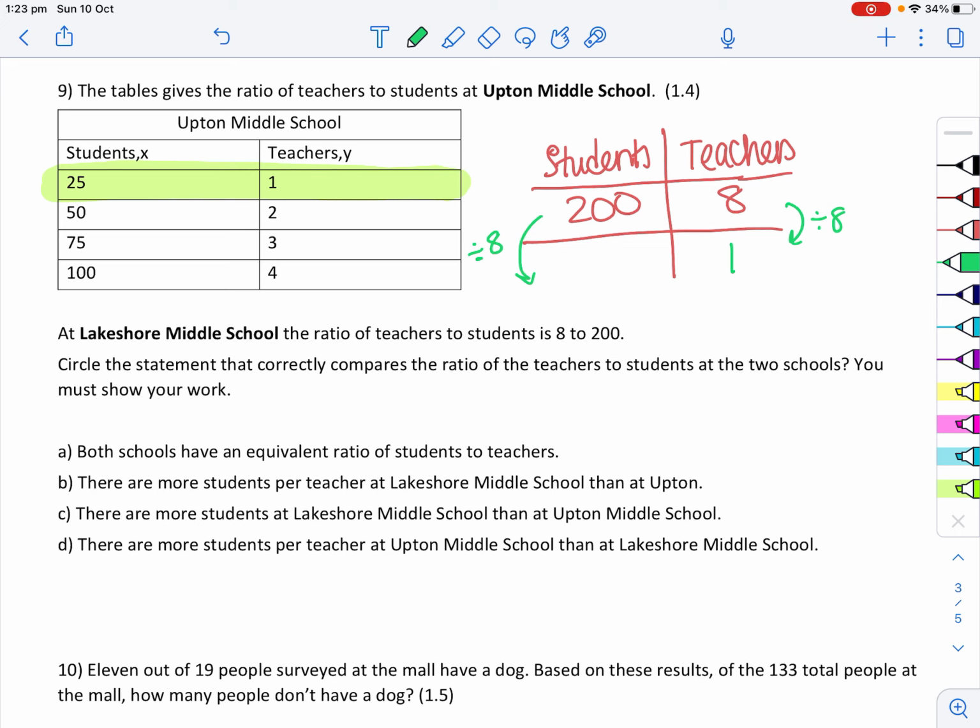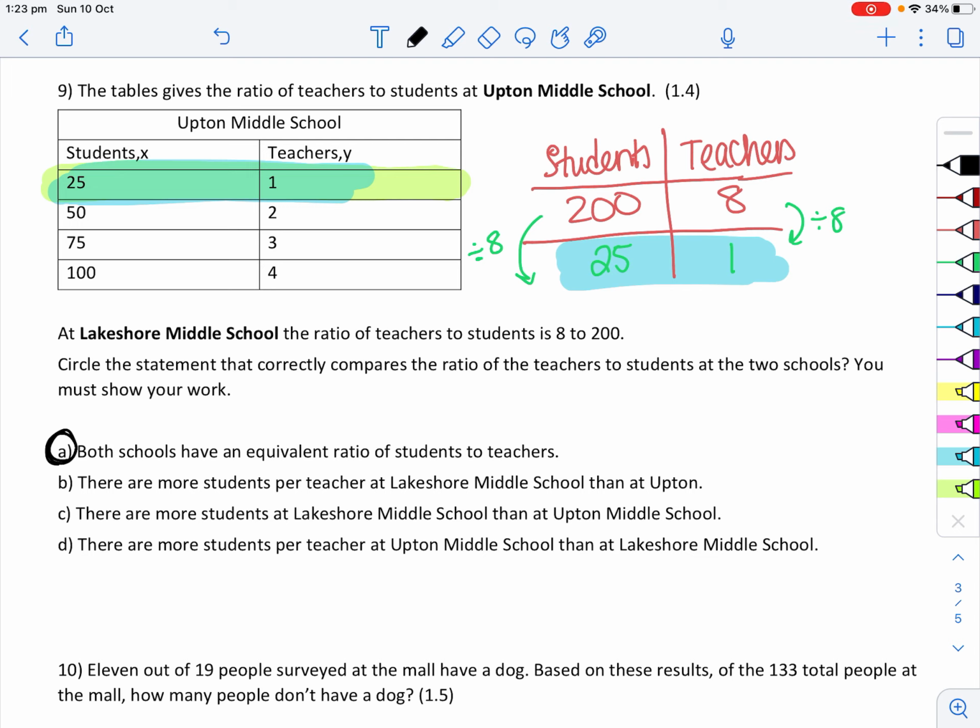It goes into 200 25 times, I believe. So 25, 50, 75, 100, 25, 50, 75, 100. Yep, 8 times. And when I get to that point, 25 to 1 and 25 to 1 are the exact same. So both schools have an equivalent ratio of students to teachers.